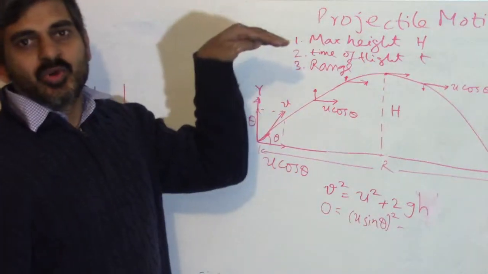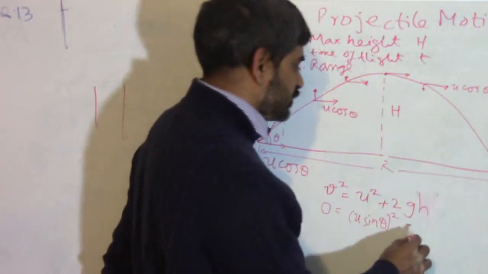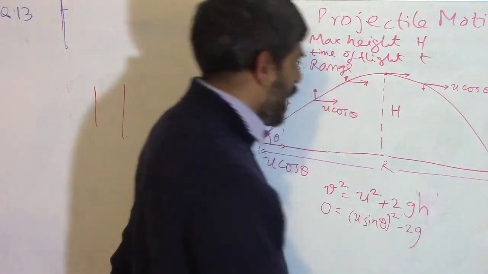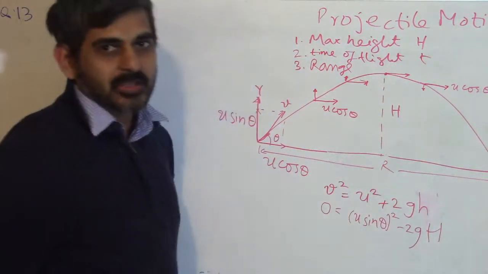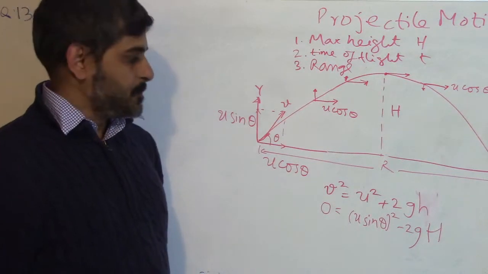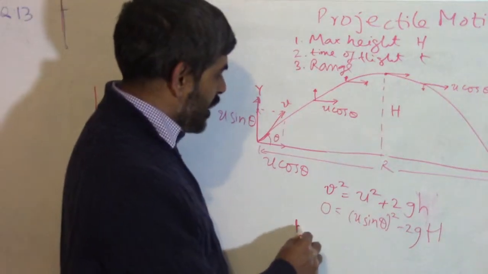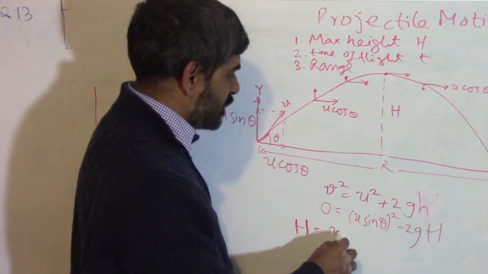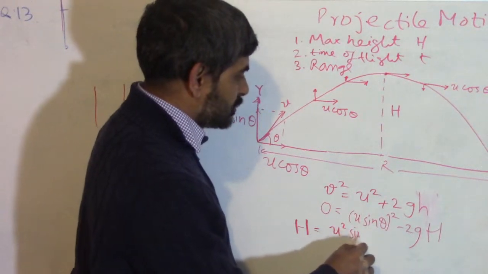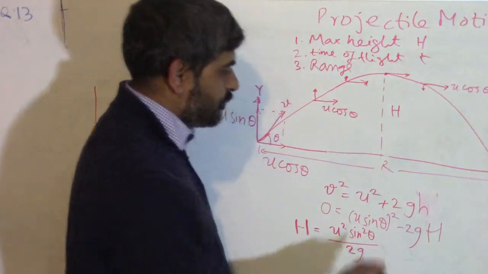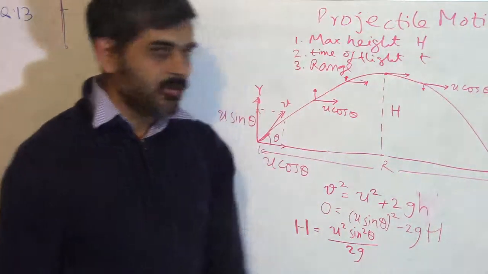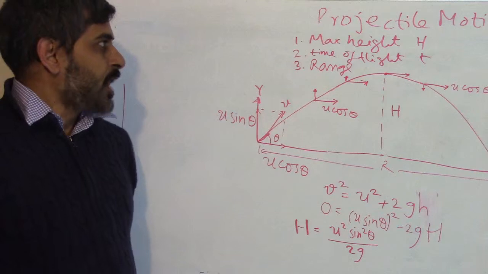The acceleration is working against it, so we have minus g, so 2g. And this height here we are calling a capital H, and that is our maximum height. And from here we have the maximum height of the projectile motion as u square sin square theta divided by 2g. Our first problem, the maximum height H, is solved.